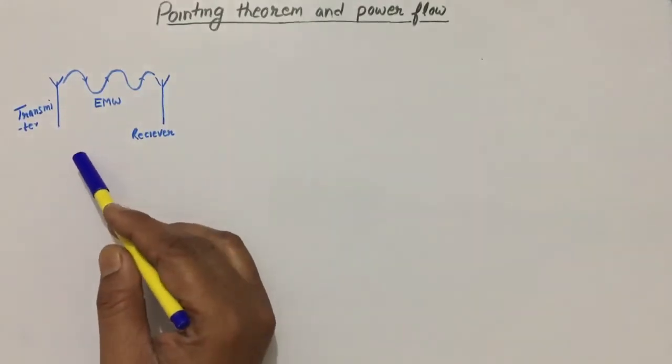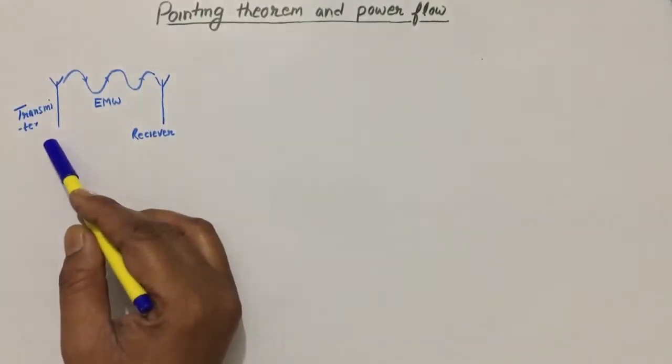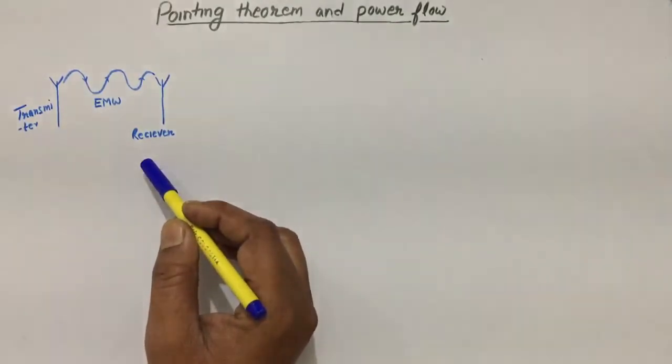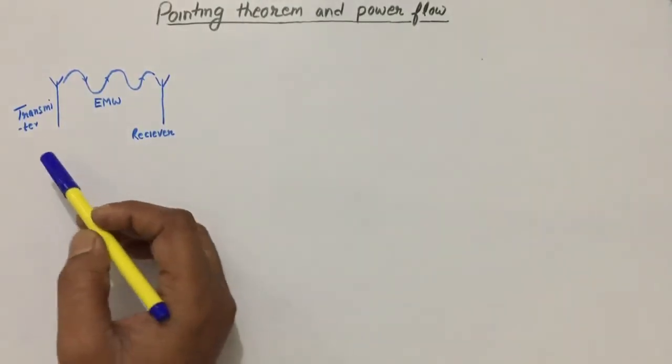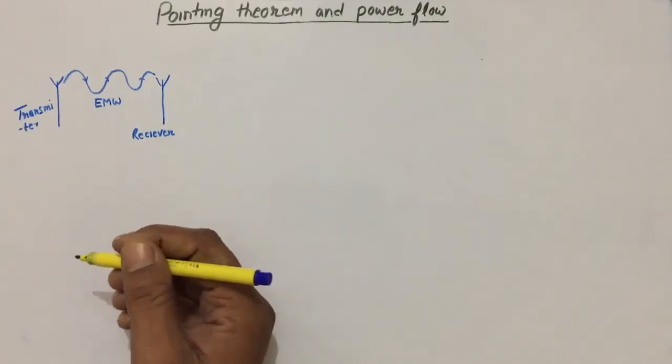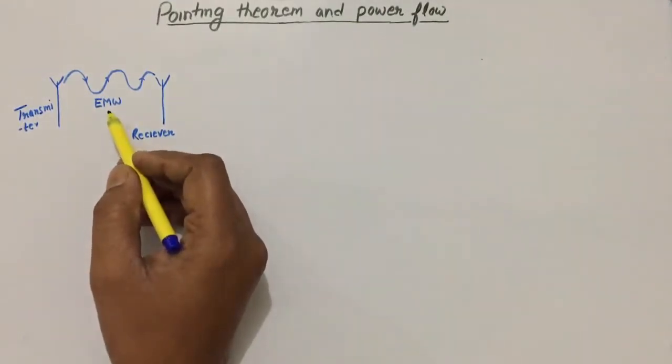So for that purpose, let us consider a transmitter and a receiver, and we know that the transmitter converts any voltage and current waves into electromagnetic waves.